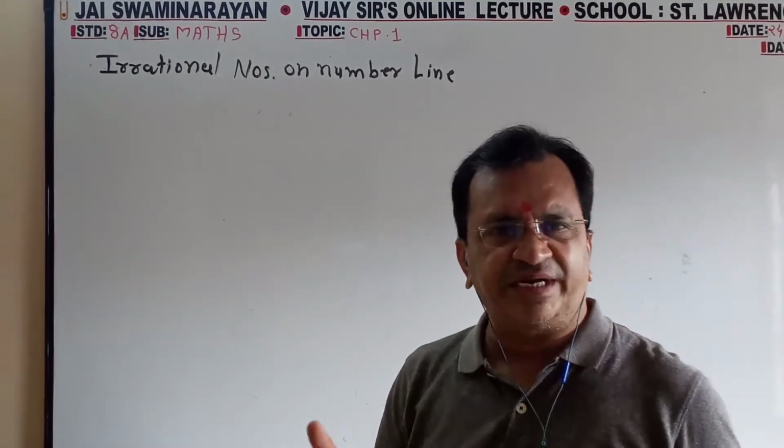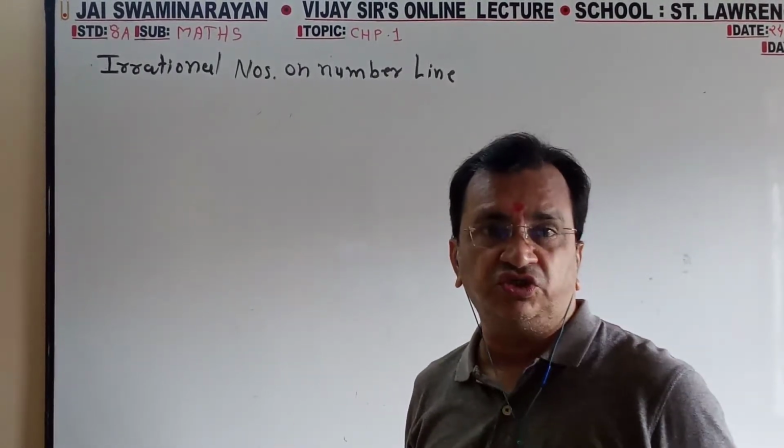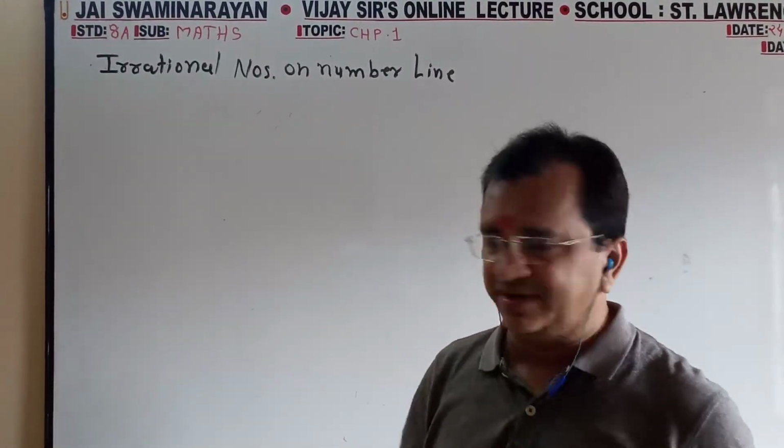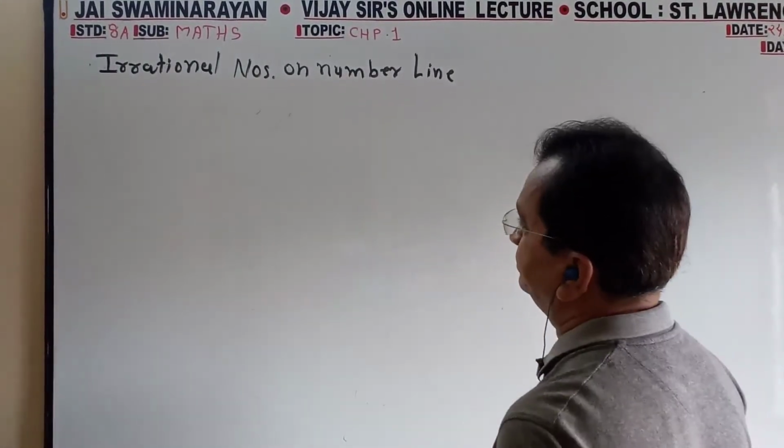Now this is a mix of algebra and geometry. To draw a geometrical diagram, that is geometry, and to show the number on the number line, that is algebra.